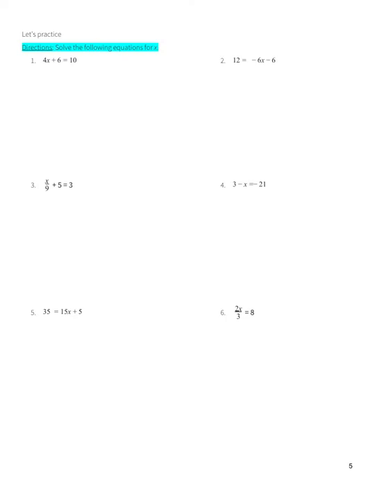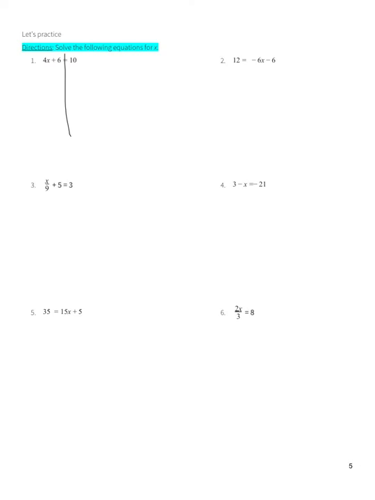Let's look at this first one. 4x plus 6 is equal to 10. First, I find my variable, 4x. So I know I'm trying to get the x alone on this side of the equation. Second, I draw a line down my equal sign. Next, I undo my addition or subtraction if present.